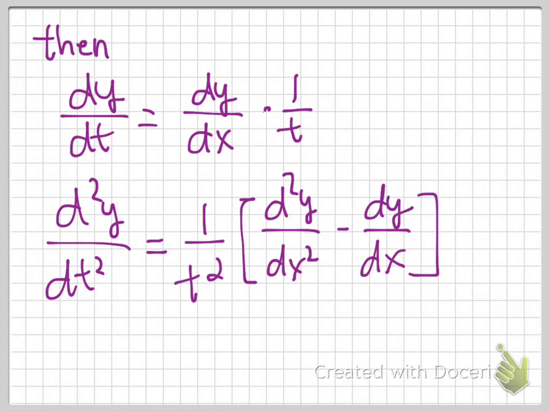The first derivative, dy dt, equals dy dx times 1 over t. And the second derivative, d squared y dt squared, equals 1 over t squared times the second derivative of y in terms of x minus the first derivative of y in terms of x. We have derived these two equations in class.